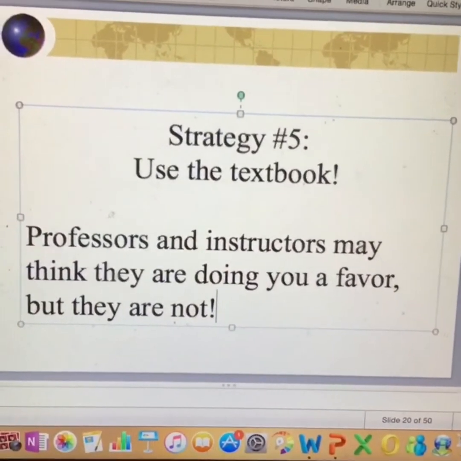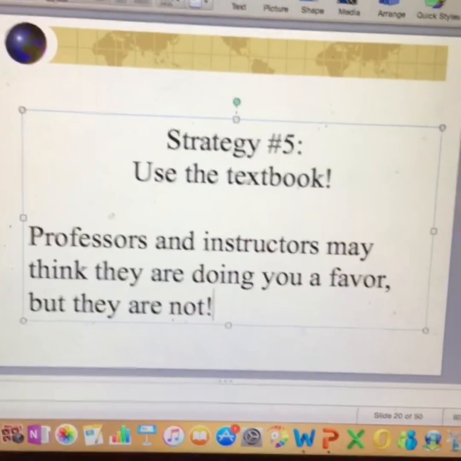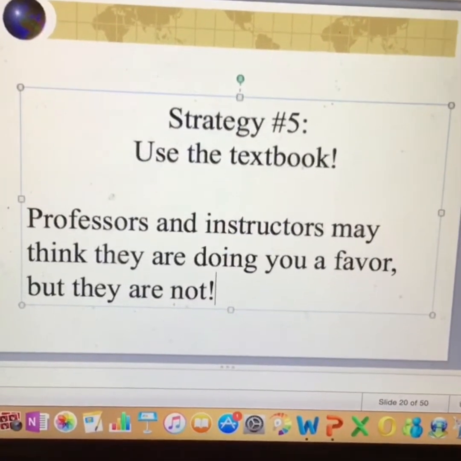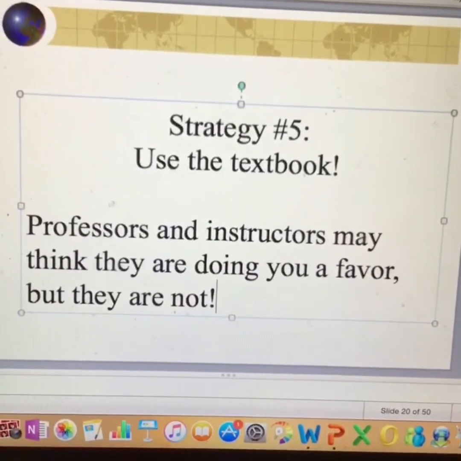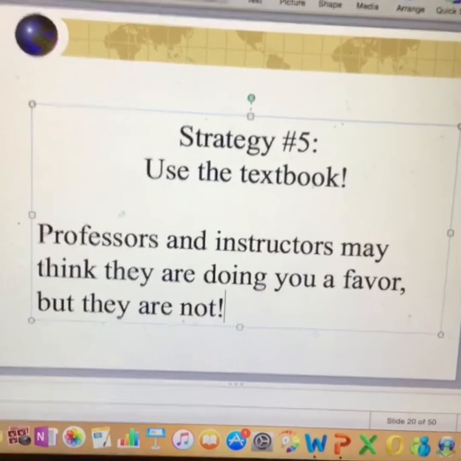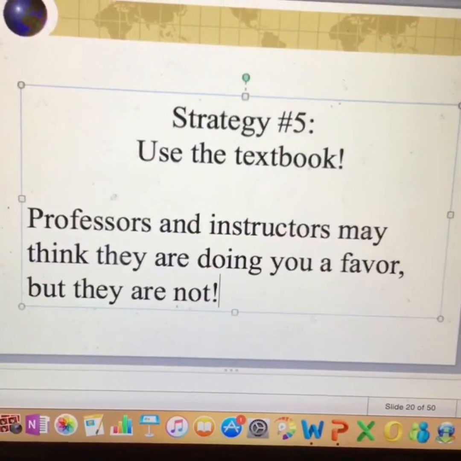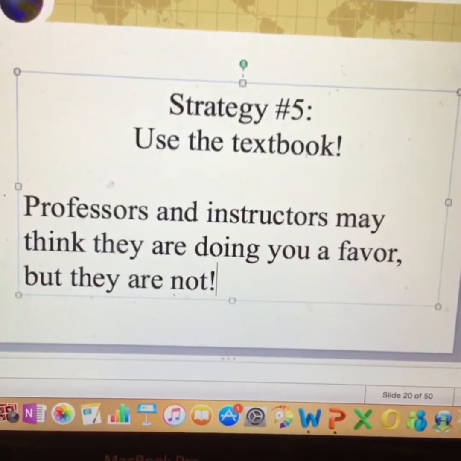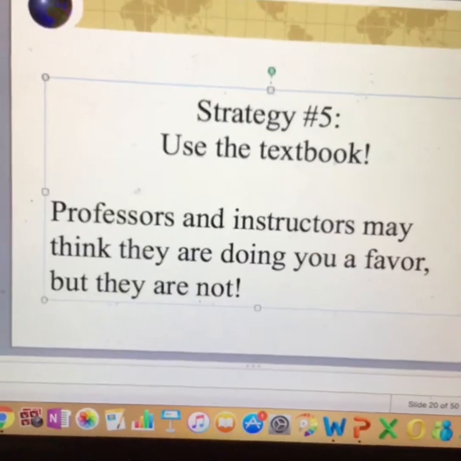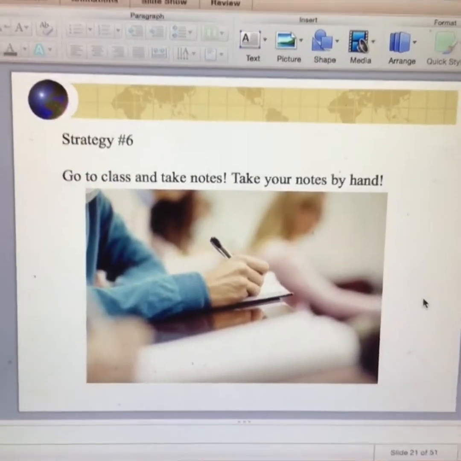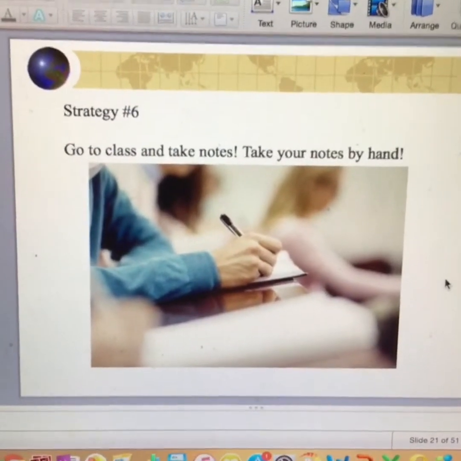And while you think you might be doing them a favor by saving money and time, you're really not giving them the full education. People spent a lot of energy putting graphs and illustrations and ideas and examples into textbooks, and we are essentially robbing you of those examples and things if we don't have a textbook. So use the textbook.